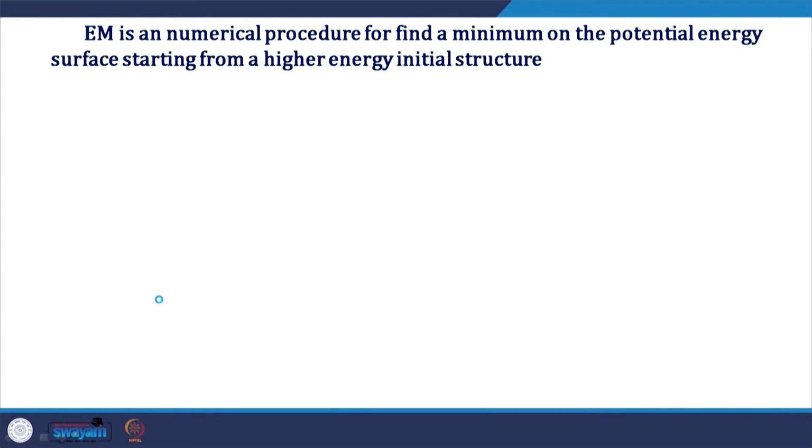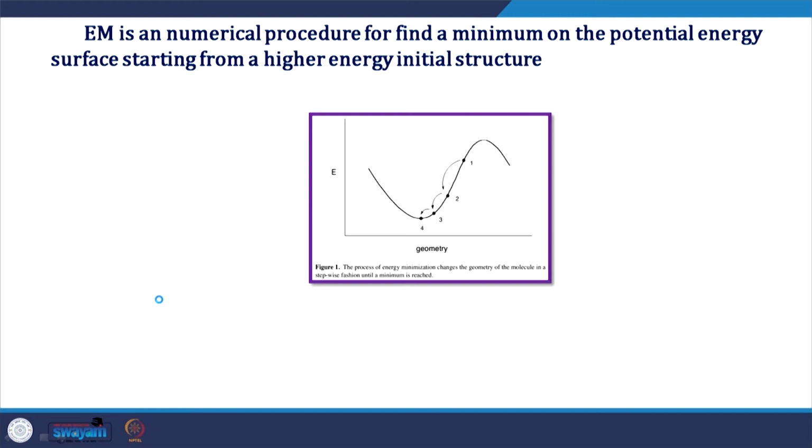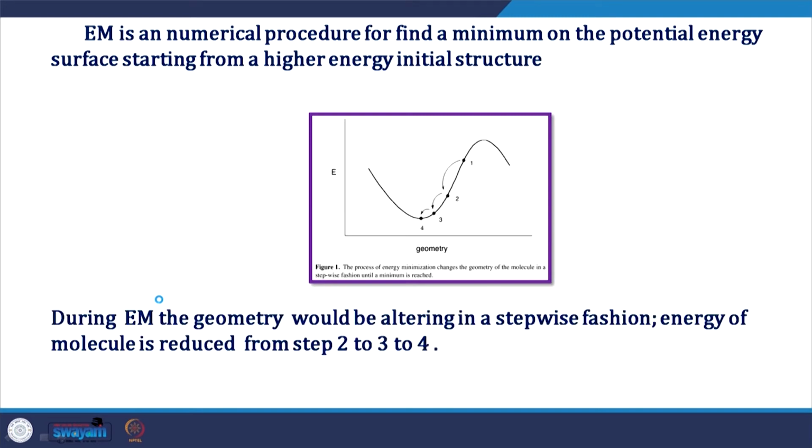Energy minimization is a numerical procedure for finding a minimum of the potential energy surface starting from a higher energy initial structure. If you look at this picture, during energy minimization, the geometry would be altering in a stepwise fashion.